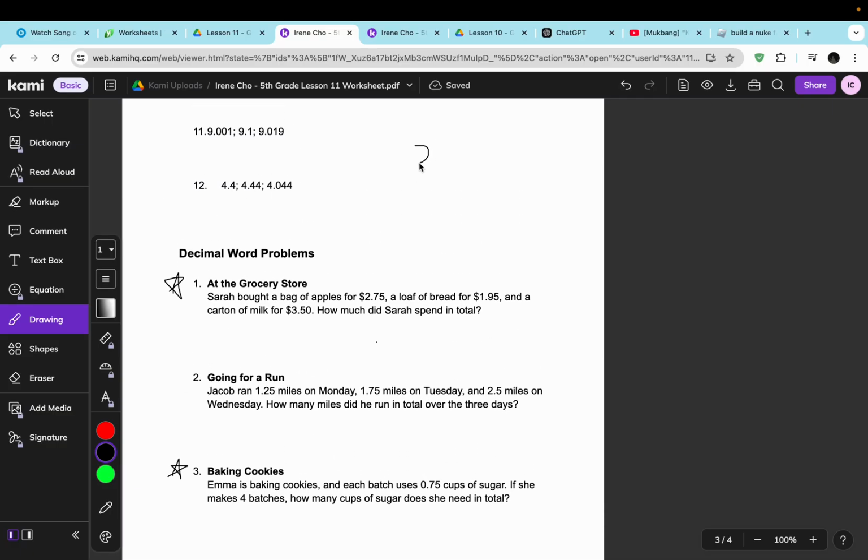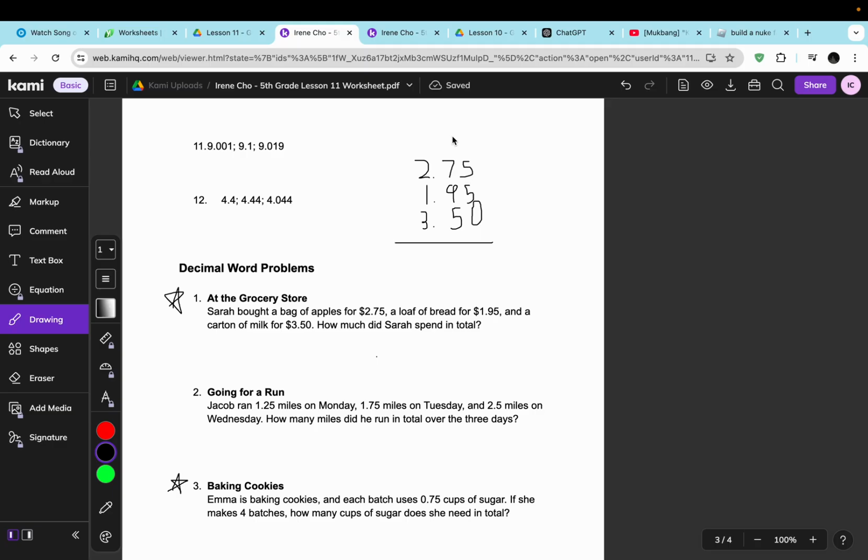So $2.75, $1.95, and $3.50. So now all the decimal points are lined up, and just like regular whole numbers, we're just gonna add them up. So 5 plus 5 is 10.